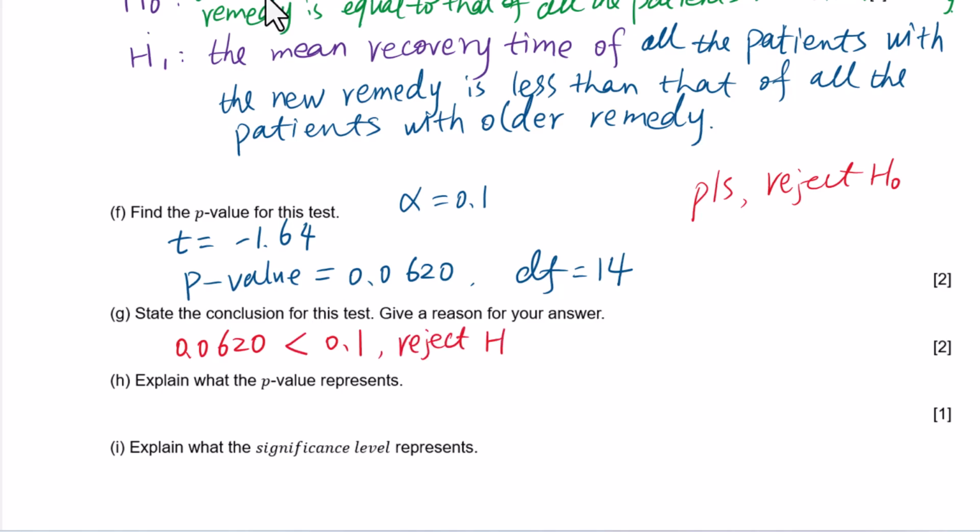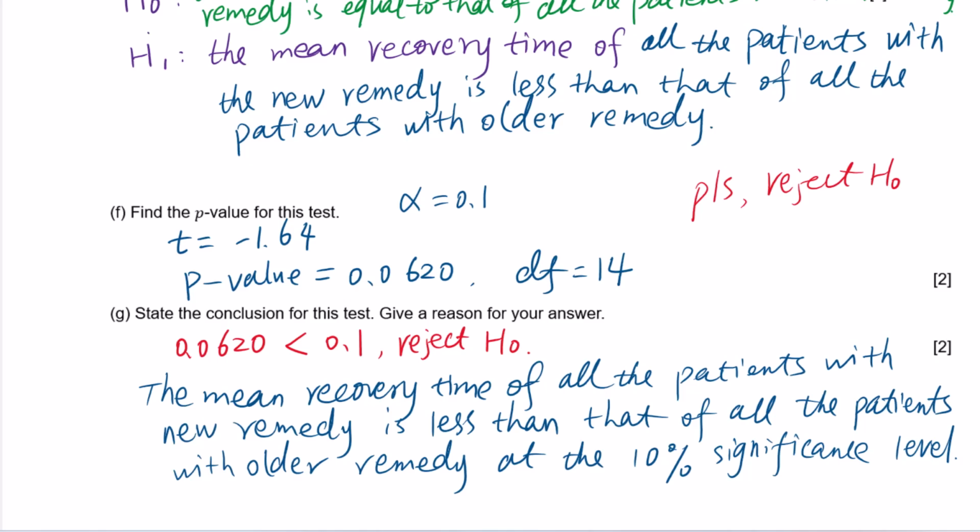Reject H0, which means you write down H1 with the significance level. The mean recovery time of all the patients with the new remedy is less than that of all the patients with the older remedy at the 10% significance level.